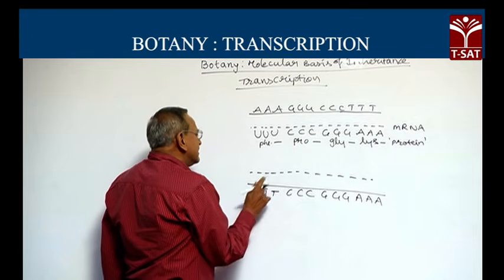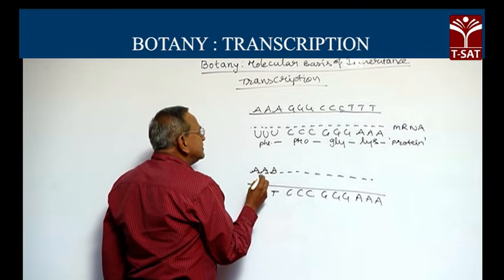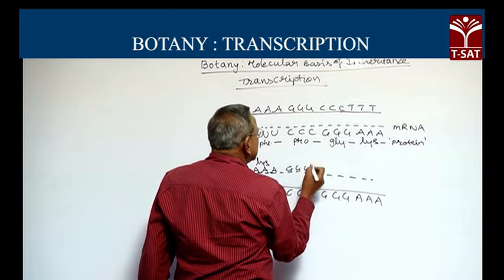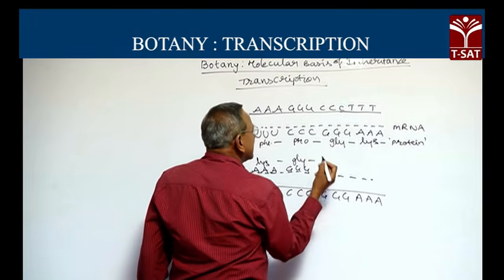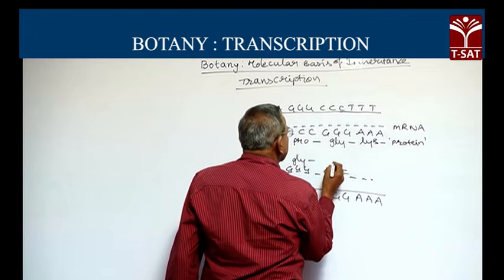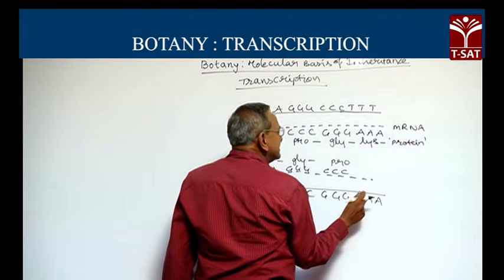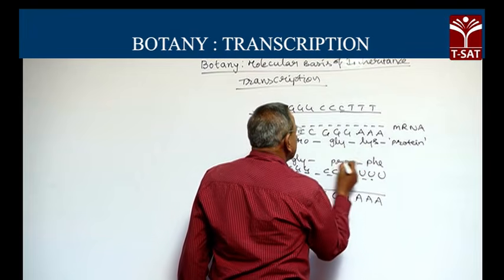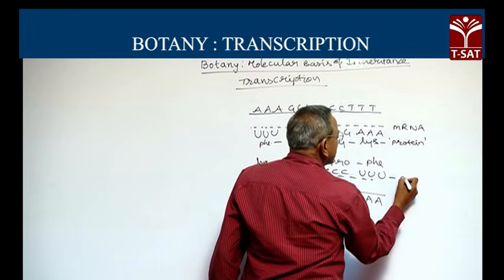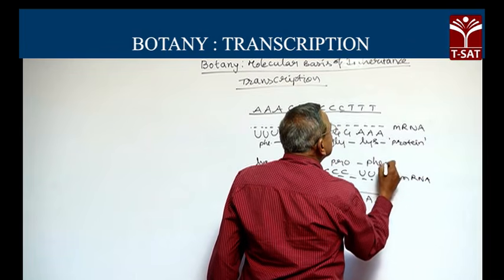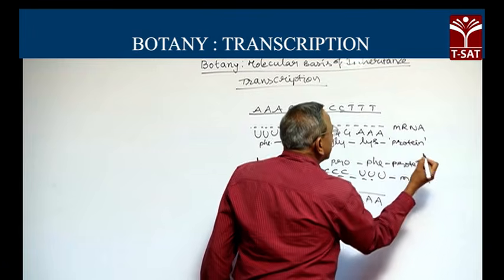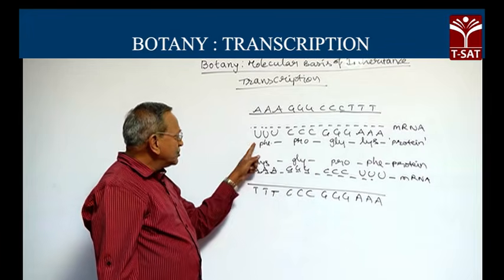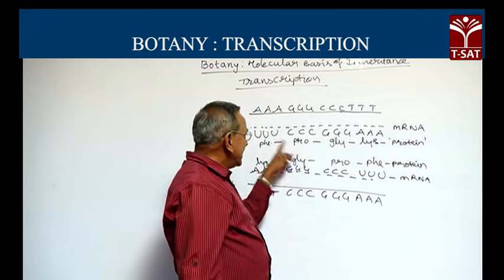So, triple T, this will be AA, coding for lysine, and this is triple G, coding for glycine, and this will be triple C coding for proline, and this is triple A, that will be triple U coding for phenylalanine, and this is our second mRNA, and this is our second protein, and the two proteins are different because the amino acid sequence is different.